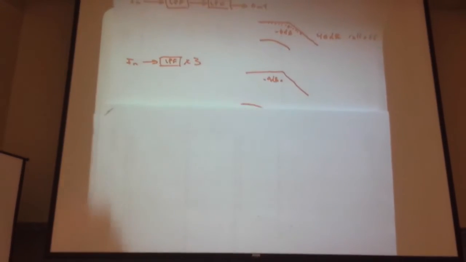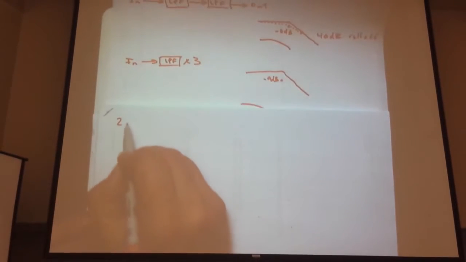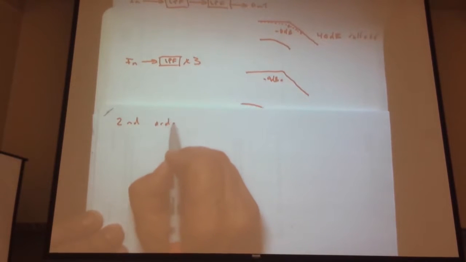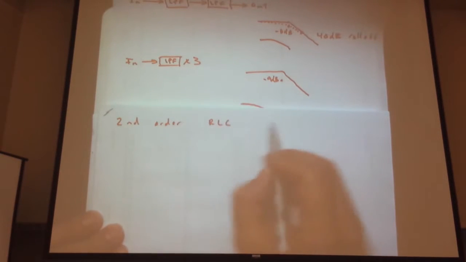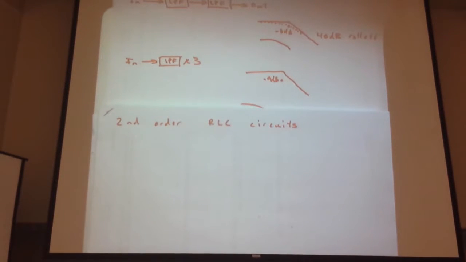On the other hand, we can look at our second order circuits. So second order. And for us, we're just looking at RLC circuits. And we can do the same construction with critically damping the circuit.